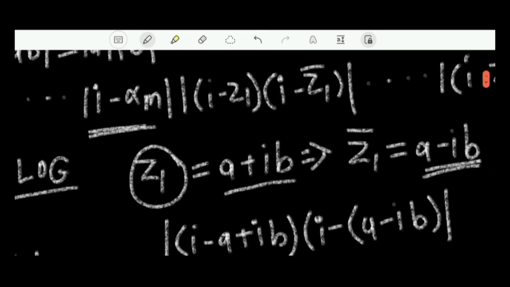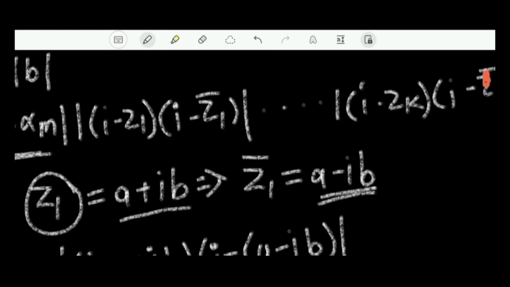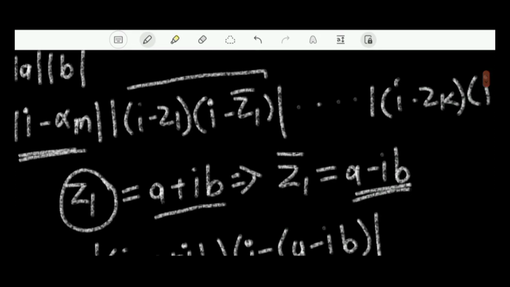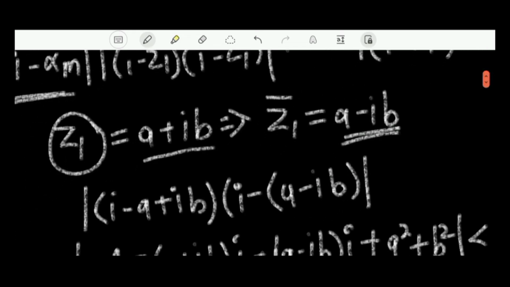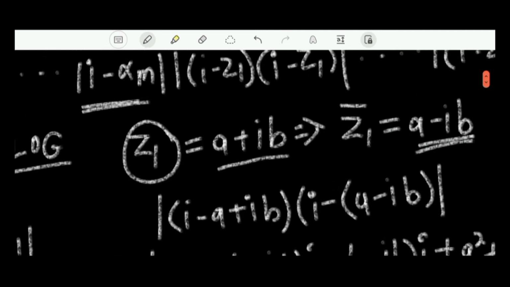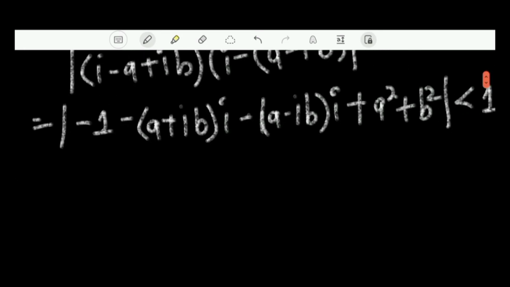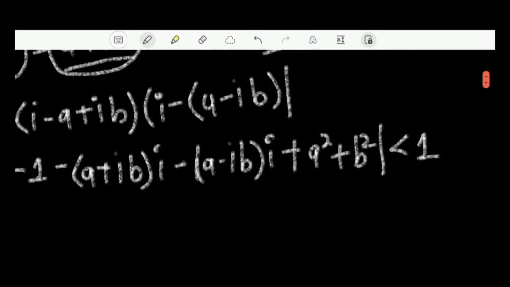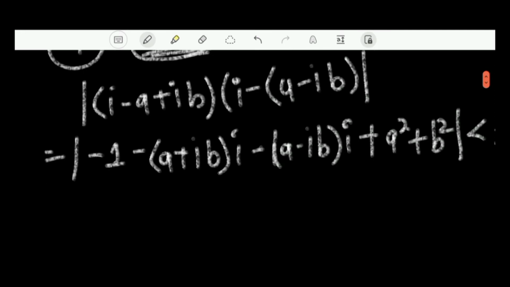So for holding this condition, the inequality less than 1, we have to take at least any one number in this complex part which is less than 1. So I assume that term is of this form. I assumed that this term, which has the form a plus ib as given in our problem, is less than 1.